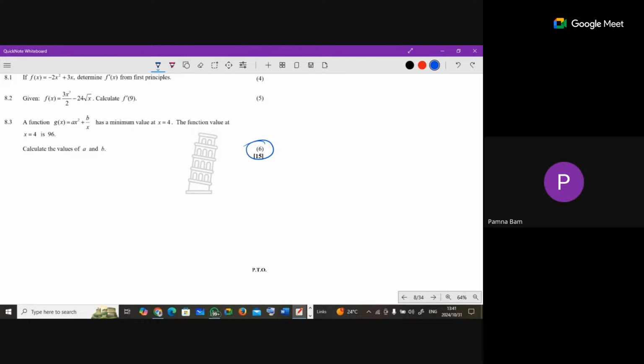Okay. So a function g of x has a minimum value at x is equal to 4. The function value at x is equal to 4 is 96. Calculate the values of a and b.